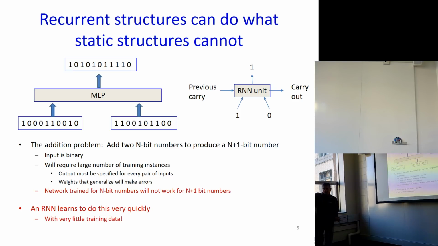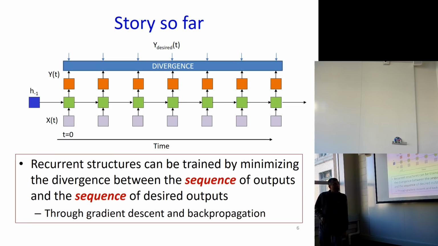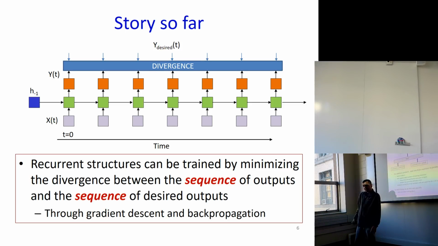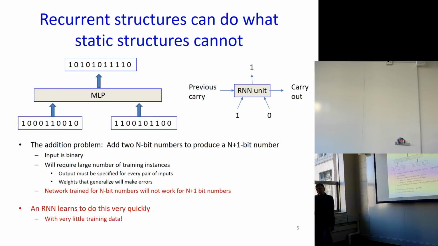And even if you manage to do all of that, A, the network is going to be very complicated, and B, when you train a network to add 2 n-bit numbers, you can't provide it an n plus 1 bit number. On the other hand, if you were doing it with a recurrent network, you'd need maybe 4 or 5 neurons, something really small.